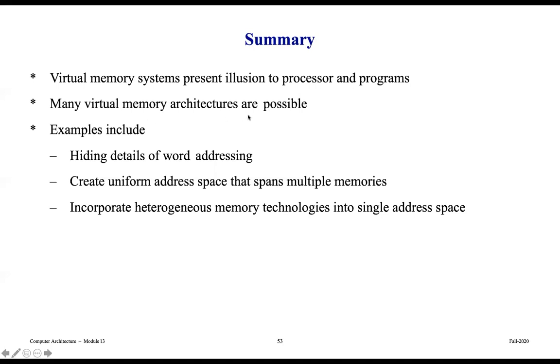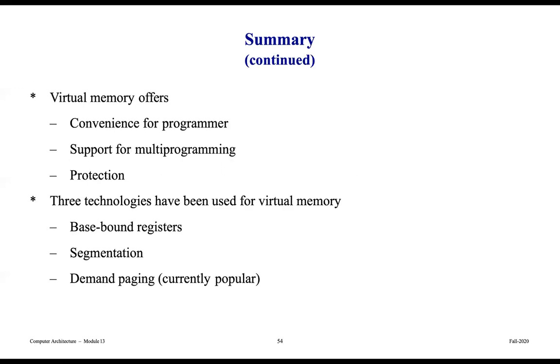Many virtual memory architectures are possible. Examples include hiding the details of word addressing, creating a uniform address space that spans multiple memories, and incorporating heterogeneous memory technologies into a single address space. All of this is possible when we're using virtualization.